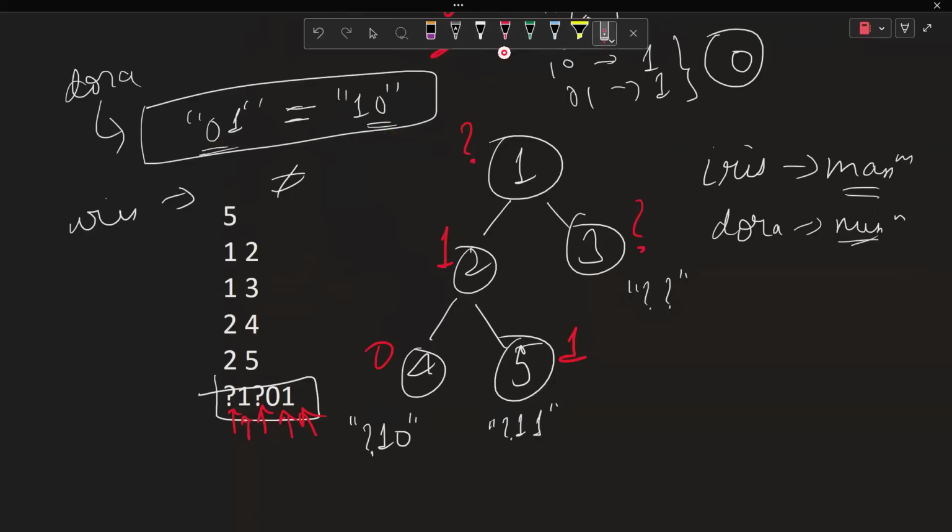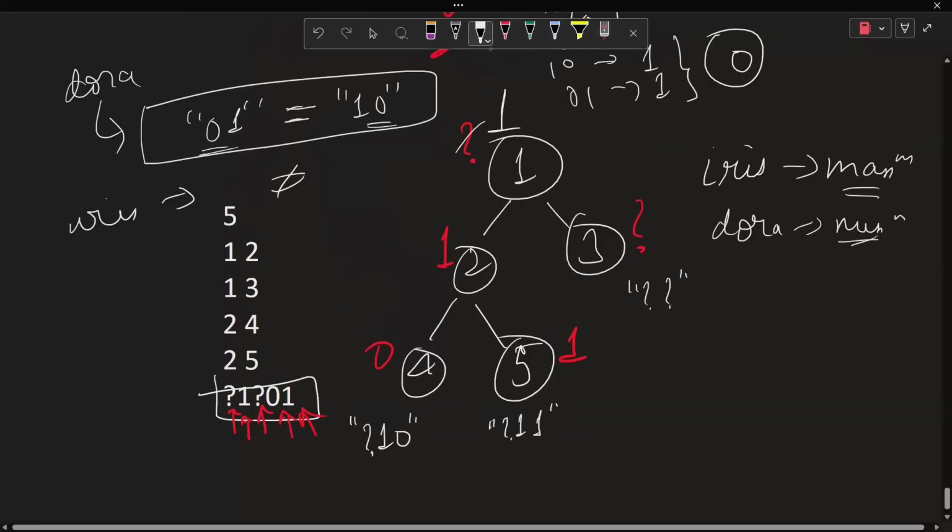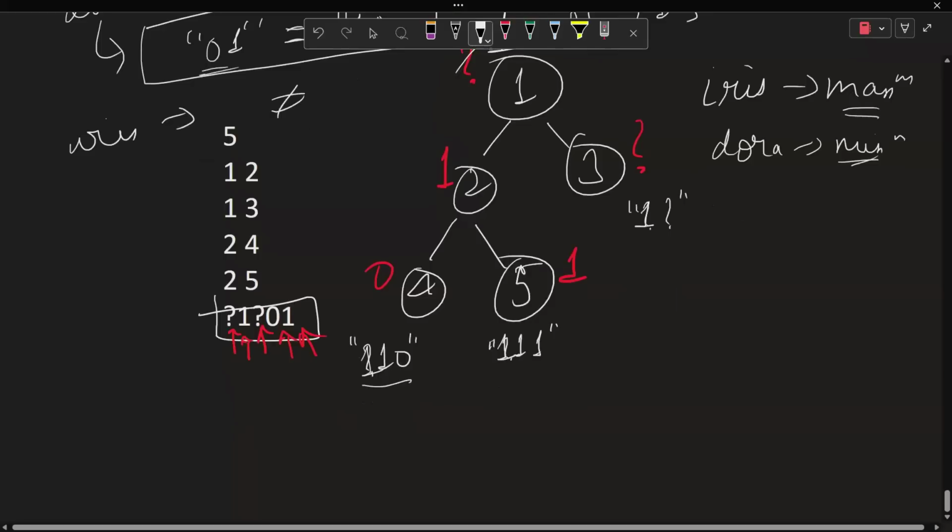Okay, let's just see if Iris replaces this question mark with 1, and then this question mark would become 1, and this question mark would become 1. This would become 1. Now here 1, 0 is occurring one time, 0, 1 is not occurring. So it is an unequal case. Here there is no 1, 0, there is no 0, 1. So this is an equal case.